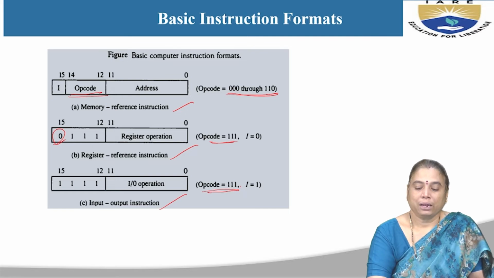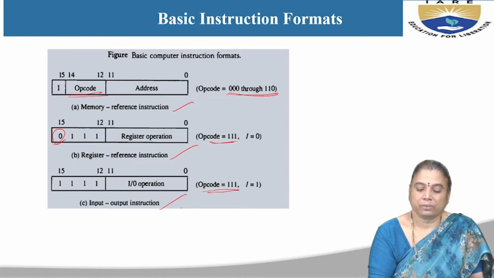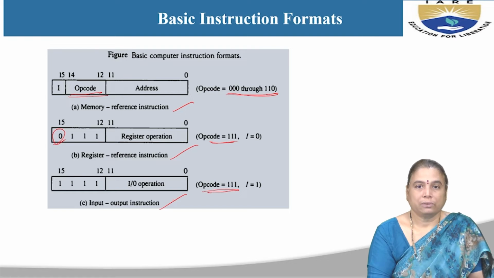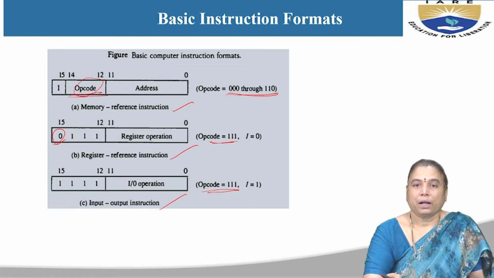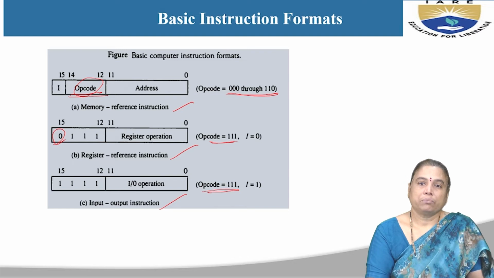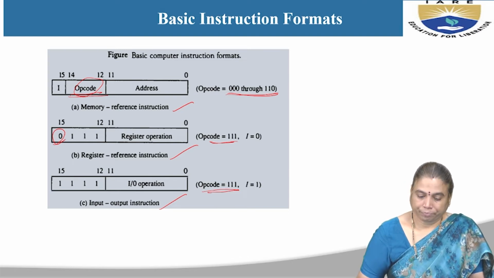Based on the I value, the differentiation between them takes place. If the I value is 0, it comes under the category of register reference instruction. If the I value is equal to 1, it comes under input-output instruction. So depending upon these opcode values, the type or category of the instruction can be identified.